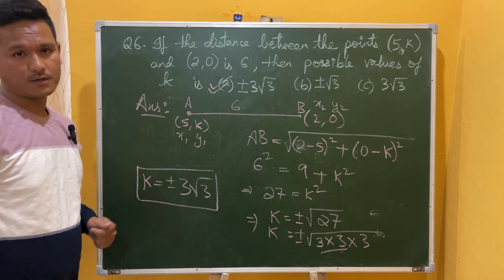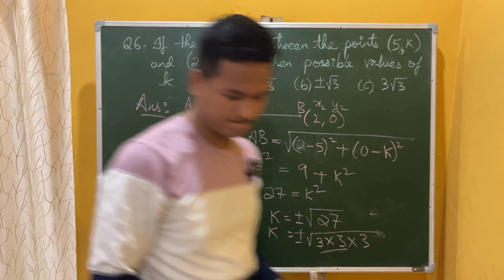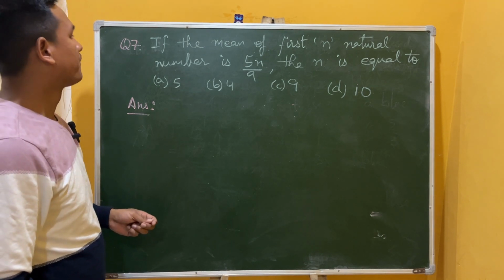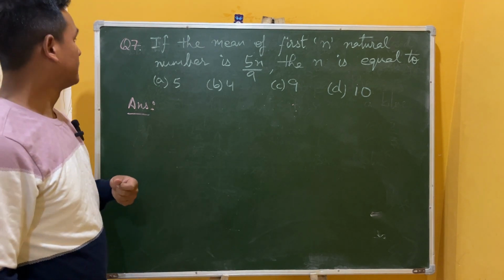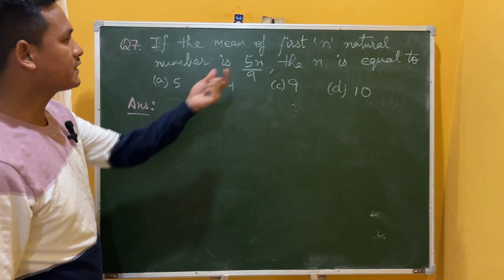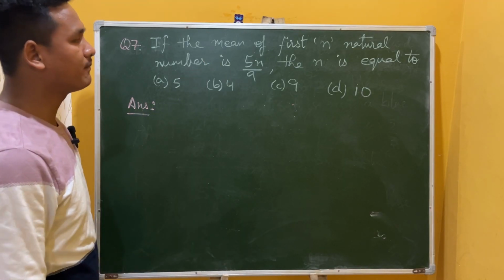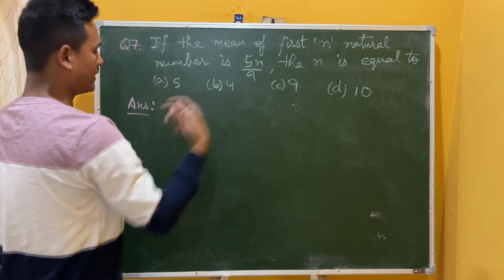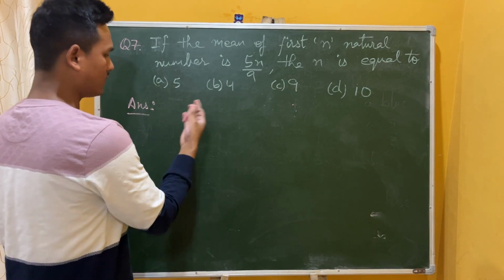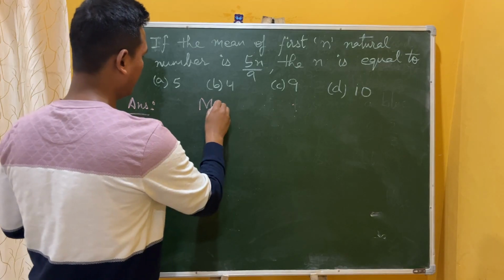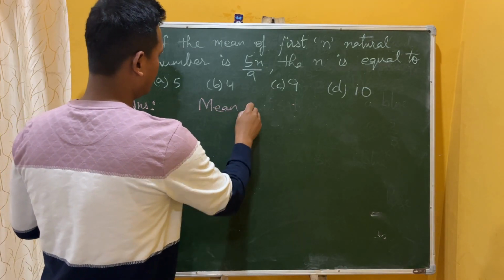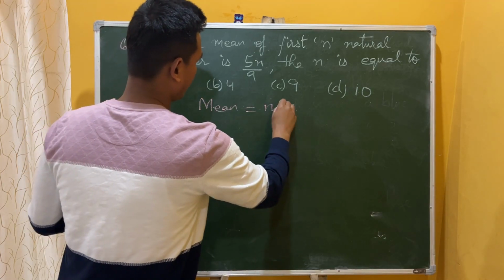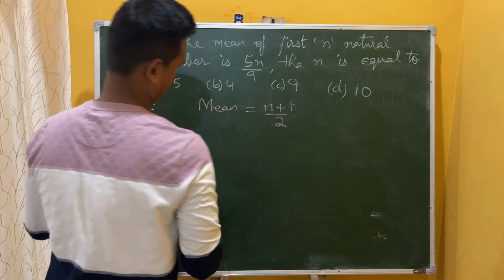So let's go to question number 7. Okay, so the question says, if the mean of first n natural numbers is 5n by 9, then n is equal to one of these. So here is also a direct application of the formula. Mean of first n natural numbers is n plus 1 by 2.